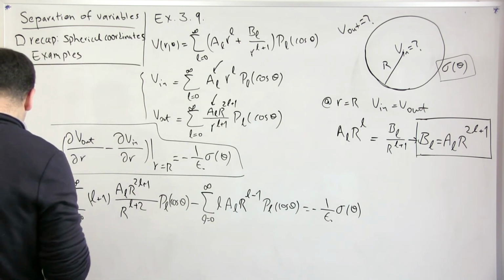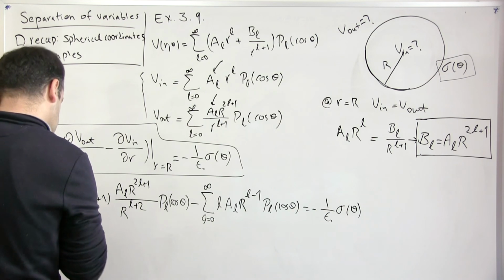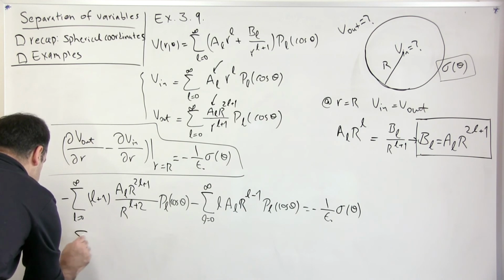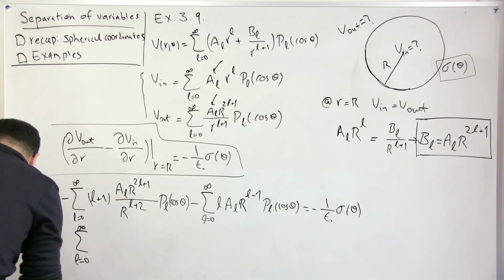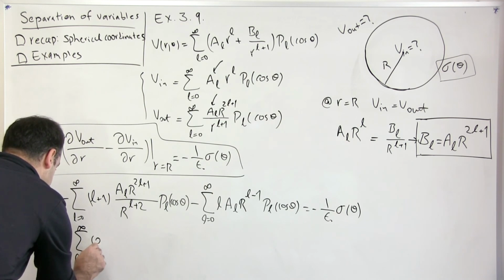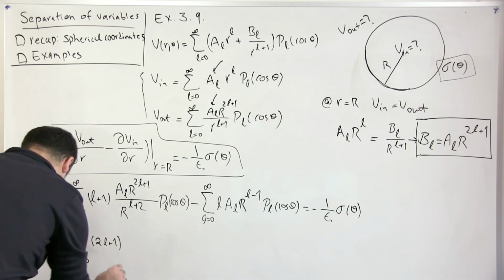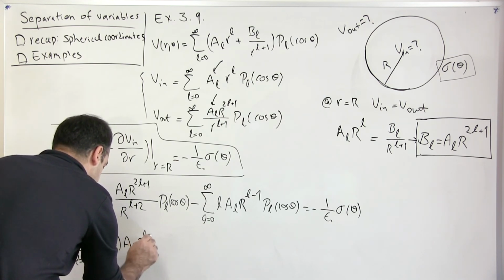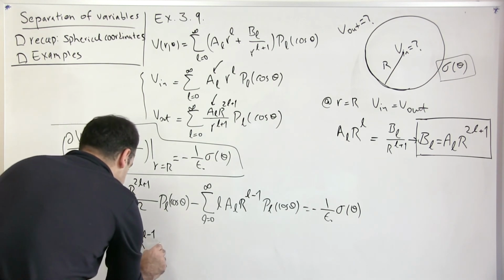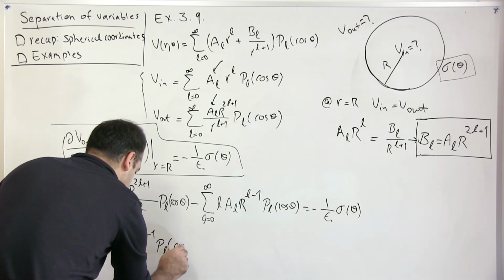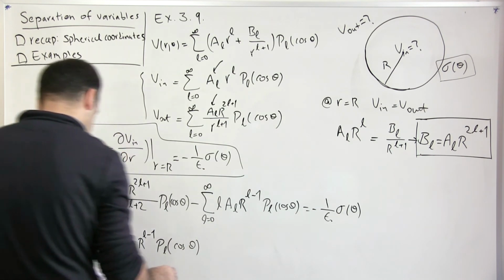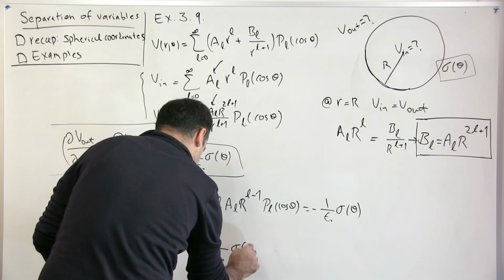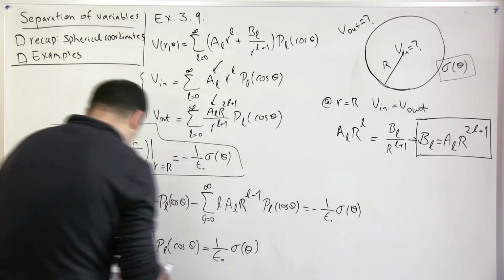If we look at the combination, we get the sum from L = 0 to infinity of (2L + 1) times A_L times R^(L-1) times P_L cosine theta is 1 over epsilon 0 sigma of theta.